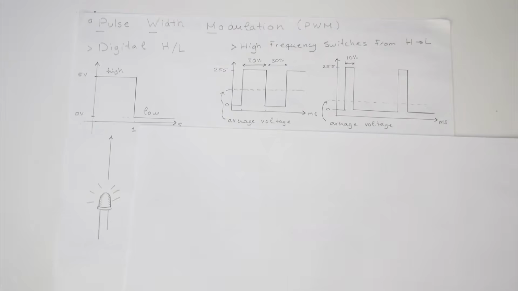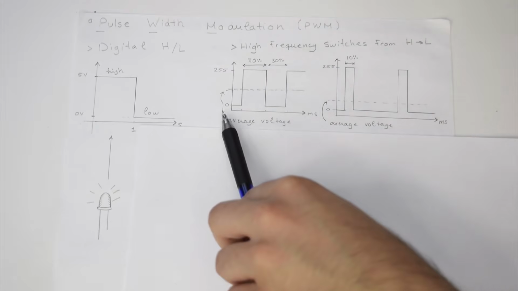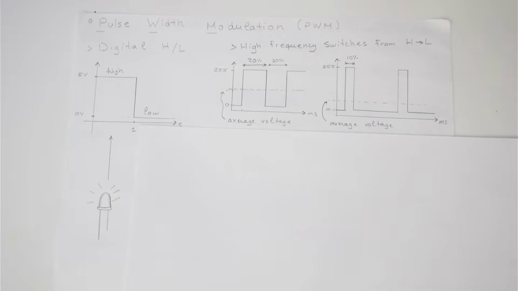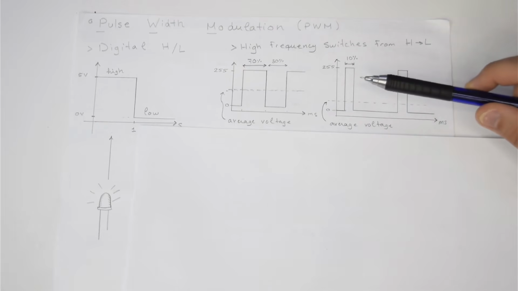So we can see that I put a line here with an arrow to it that says average voltage. The average voltage is the peak voltage multiplied by the duty cycle. And the duty cycle is the percentage of time the signal is on. So in this case, it's 70%, or in this case, it's 10%.